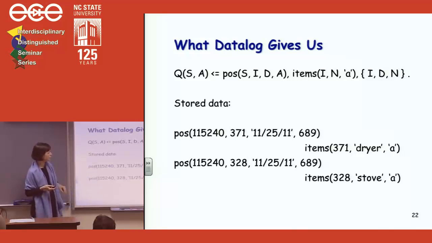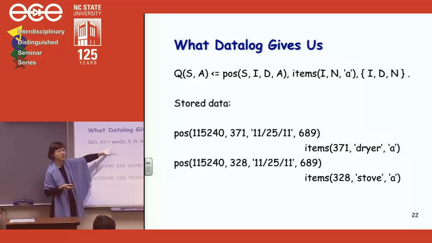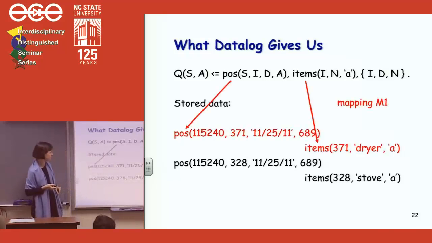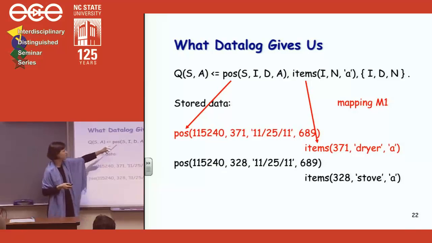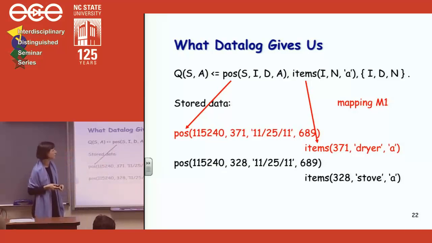We can do it using the Datalog representation of the stored data and the Datalog representation of the query. We use so-called mappings. So here we have variables. All the uppercase letters are variables.